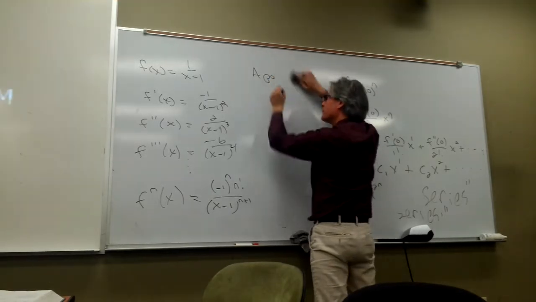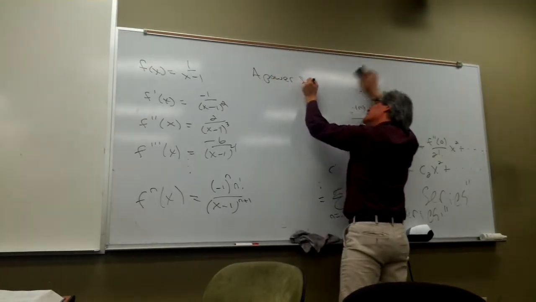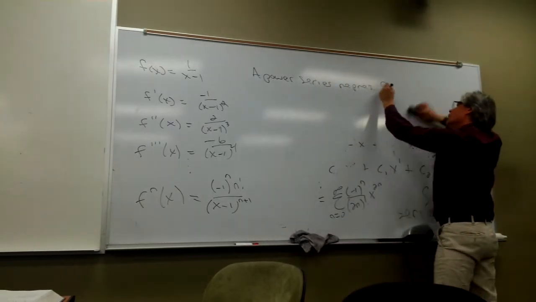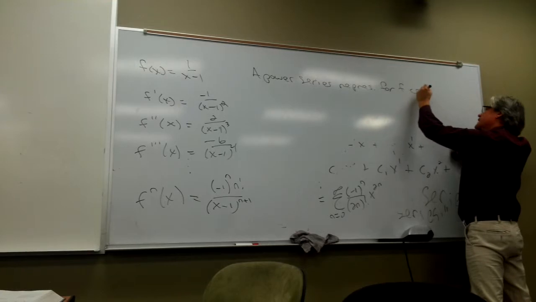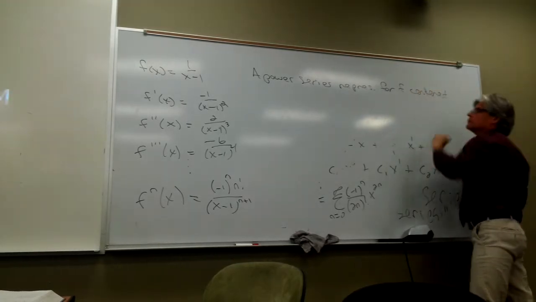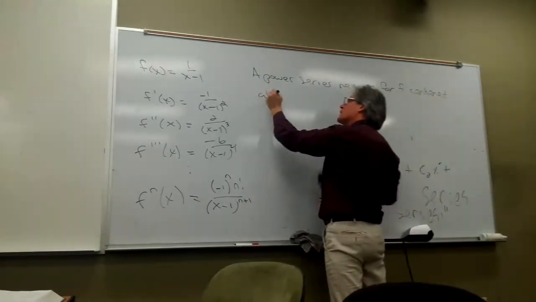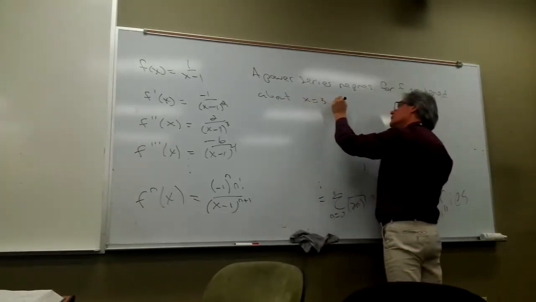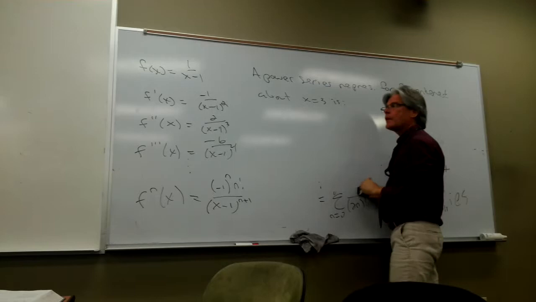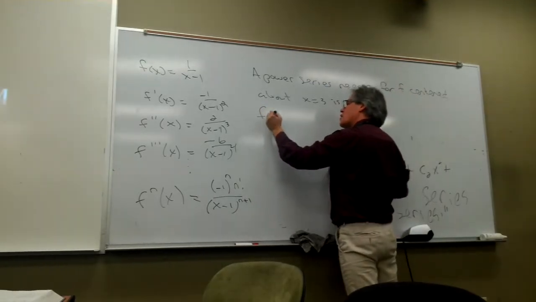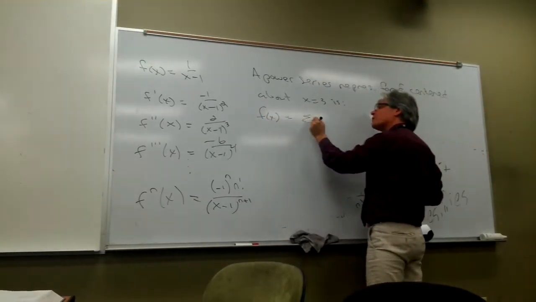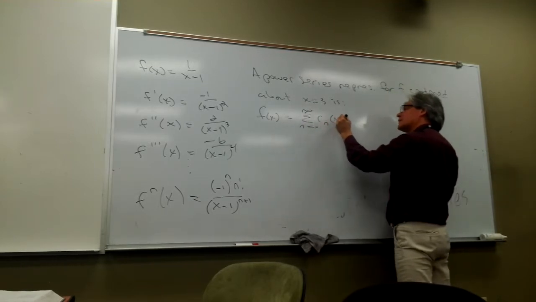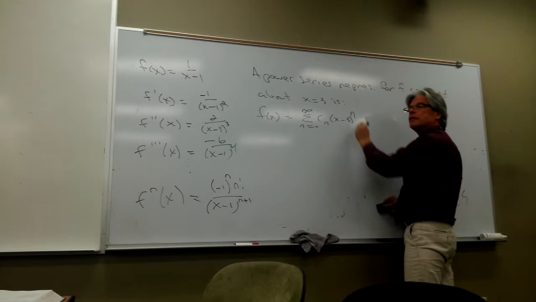representation for f centered about x equals, you guys, I'm making this number up out of thin air, about x equals 3, is the following. It simply says that the output of my function can be expressed as the sum as n ranges from 0 on up of my c sub n times x minus a to the n.